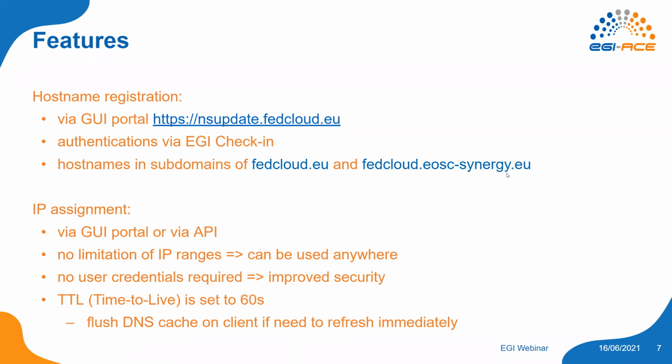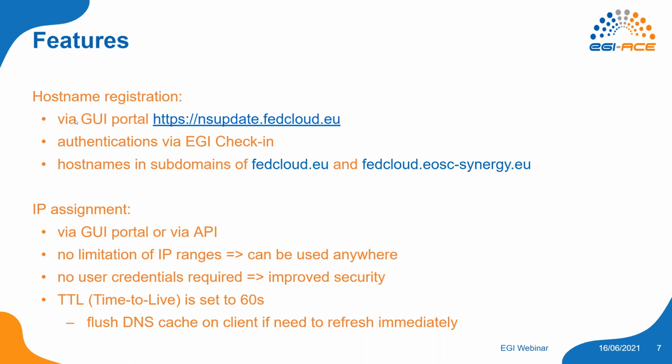If you want to have your own domain added to the service, I can provide support to add an additional domain or create a new subdomain for the user. It means that a VO can have a special subdomain for itself.